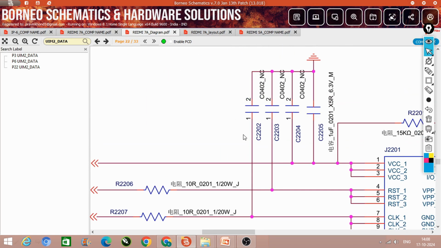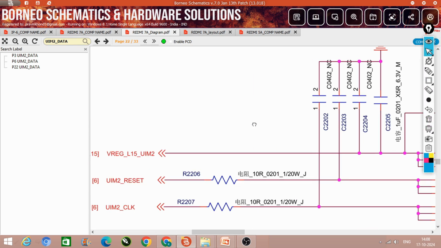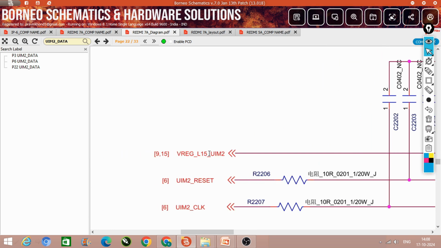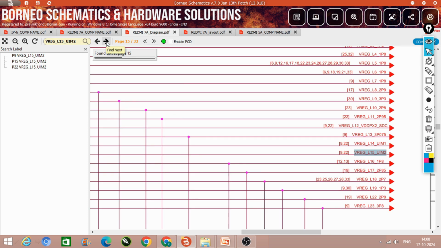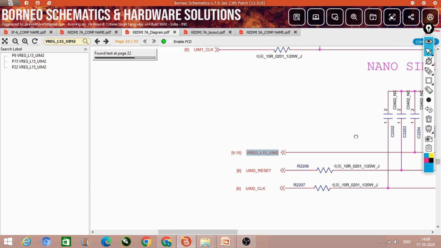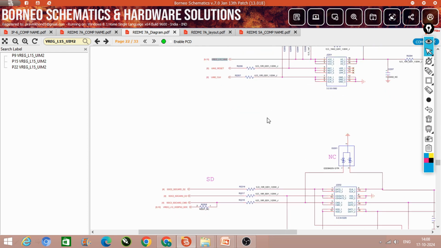Now in this pin you will see some filter caps, 1, 2. Now this pin comes from LDO 15, mind it, from the power IC. These are the LDOs. Right? Now here is the catch.